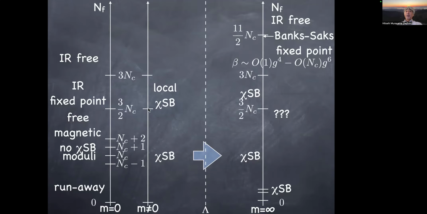For a large number of flavors, I told you that the chiral symmetry breaking is a local minimum, but I can follow through how this local minimum is continuously connected to the non-SUSY limit. And again, I don't see any difficulty in doing so.